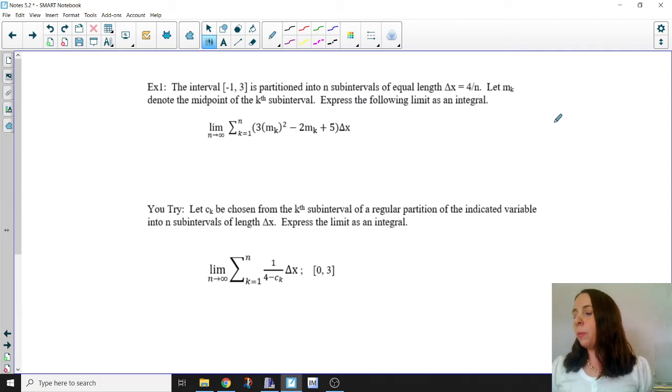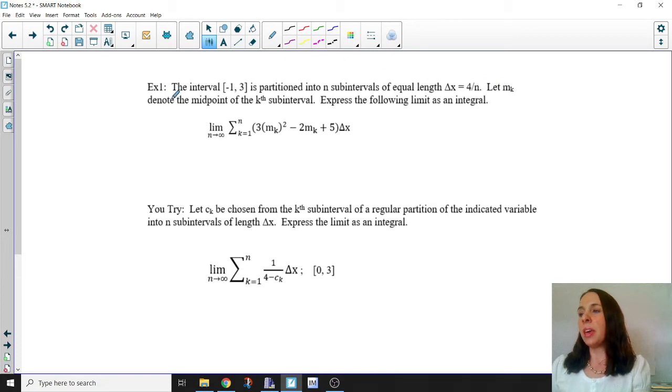So what you see next in example 1 and the little you try are just some really basic examples of recognizing this stuff as the definition of a definite integral and rewriting it in integral notation. We have the interval from -1 to 3 partitioned into n subintervals of equal length, delta x equals 4 over n.